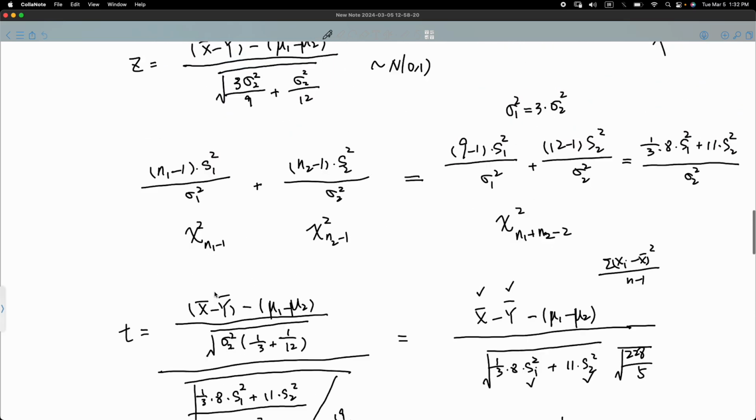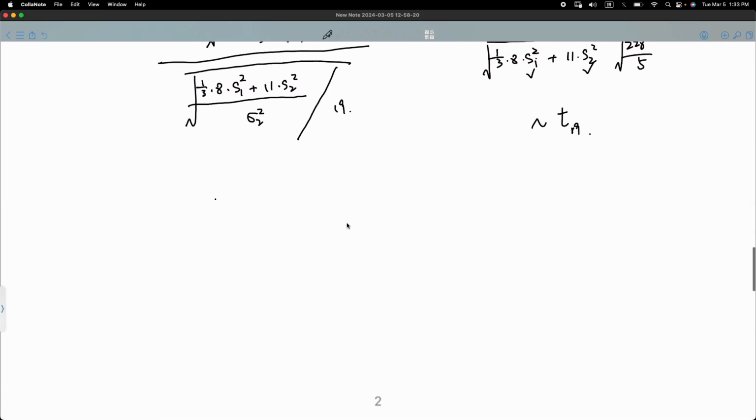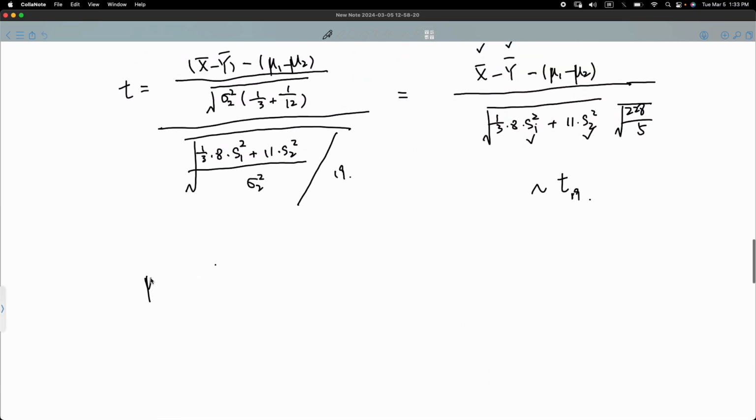So again, similar to before, you have the quantity that you constructed in the middle, in between the two quantiles of the t distribution. So from here, mu1 minus mu2 is in the interval of x bar minus y bar, plus and minus the t of alpha over 2, n minus 1.